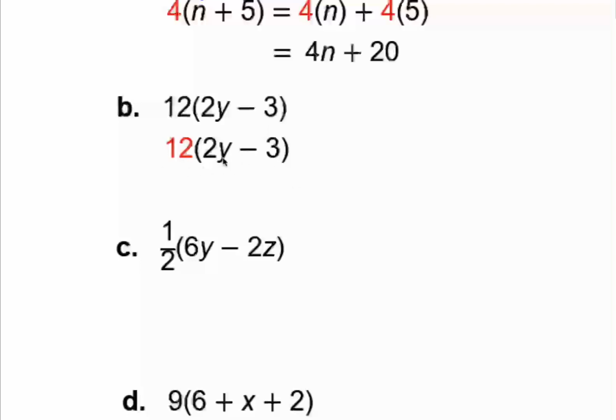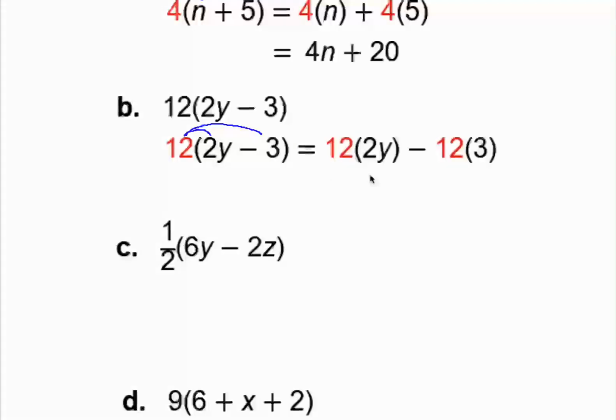We will not multiply them by the first term. We should multiply 12 by 2y also, right? Yes, and we will do this in the second step. But here, again, we will multiply 12 by 2y and multiply 12 by 3.